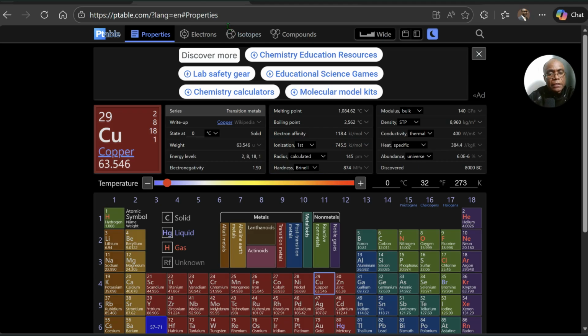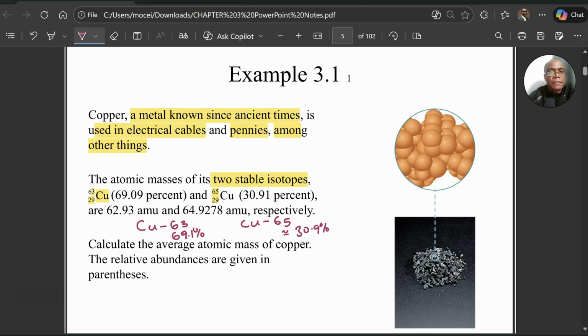So the periodic table tells us that copper should have an atomic mass unit, a weighted average of the masses, to be 63.546. Let's see if we can get that answer by calculation. So we need to calculate the average atomic mass of copper using these abundances. The relative abundances are given in parentheses. So just think of the contribution of each.